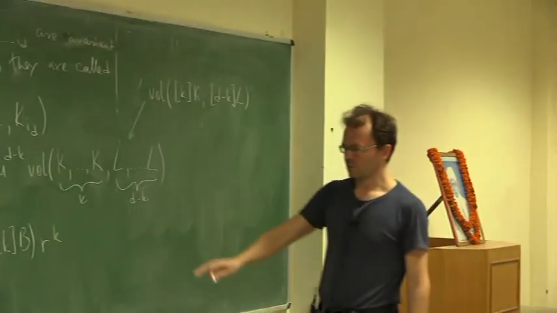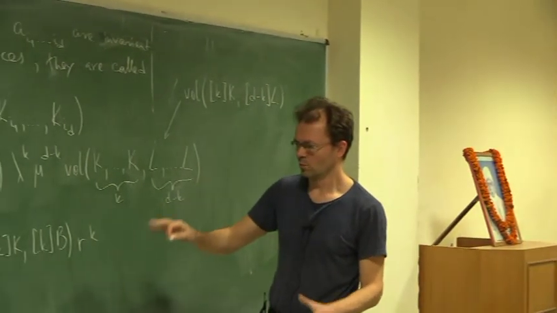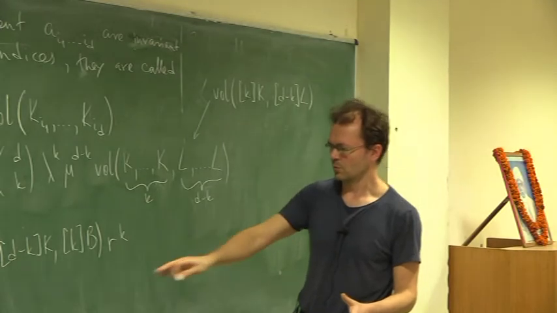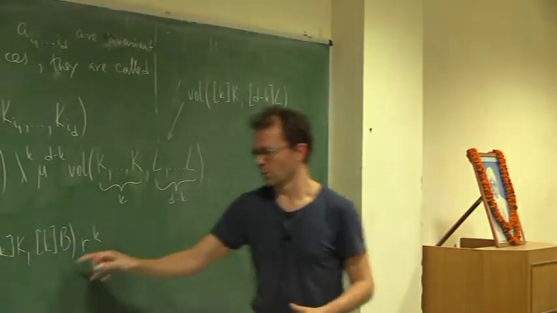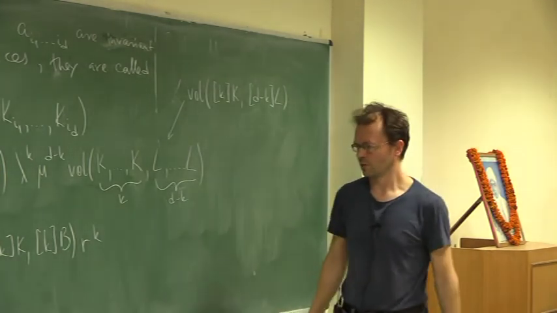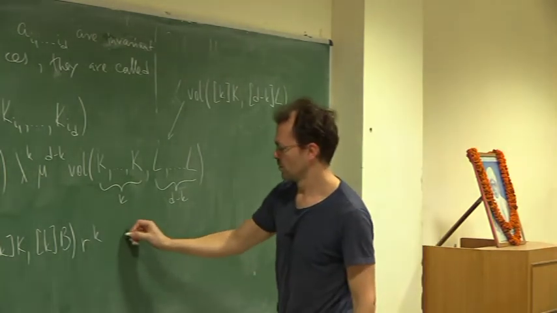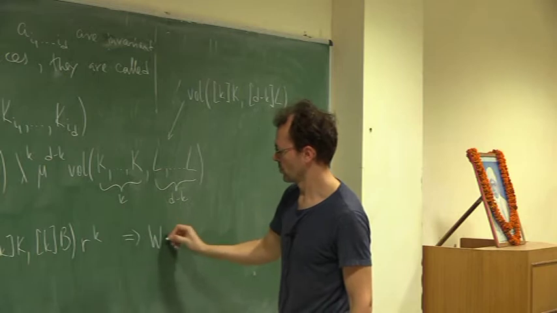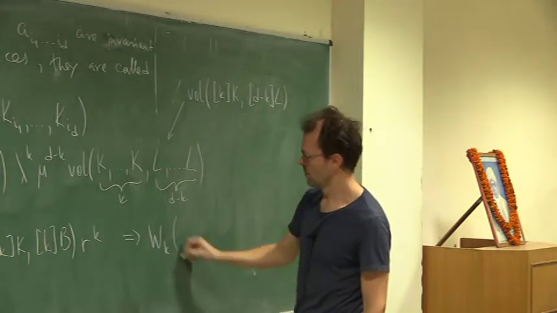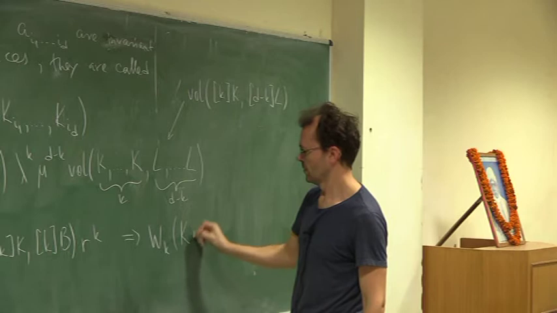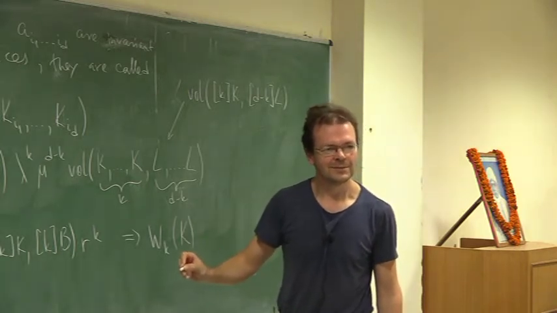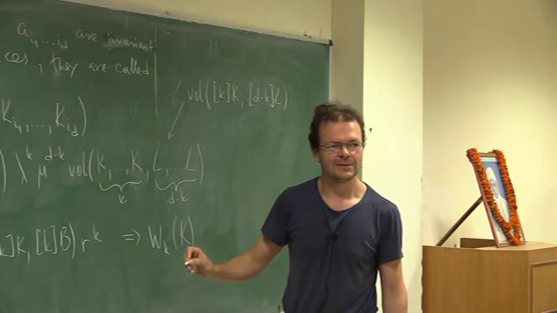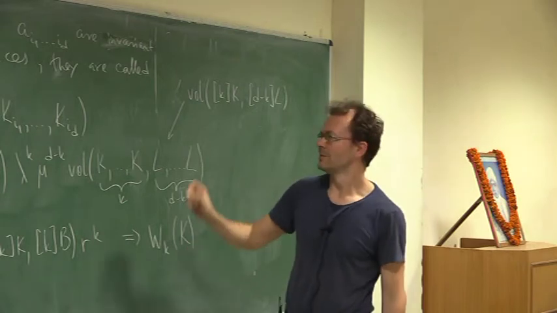Good, but we had the Steiner formula in a similar form. It was also a sum with a binomial coefficient, but this term was denoted by W_k.